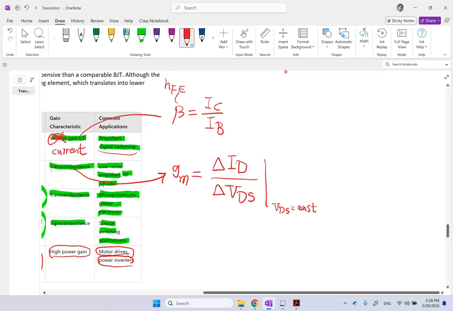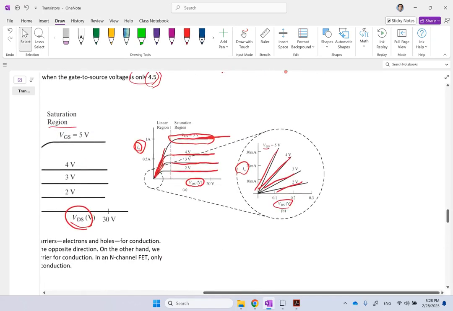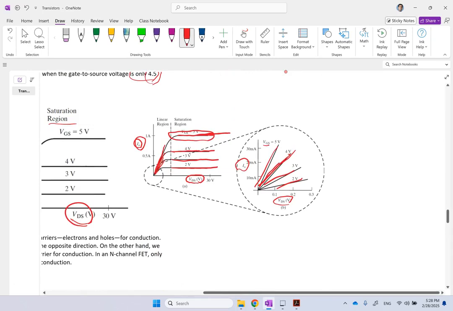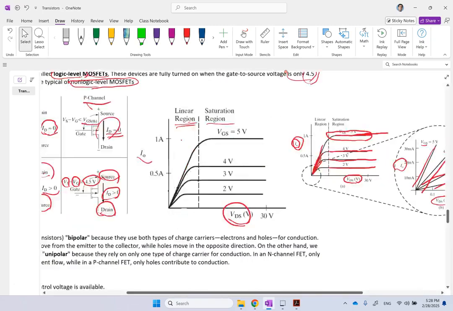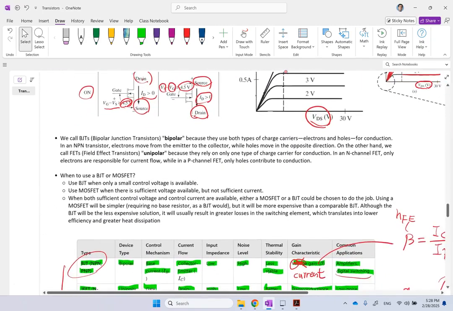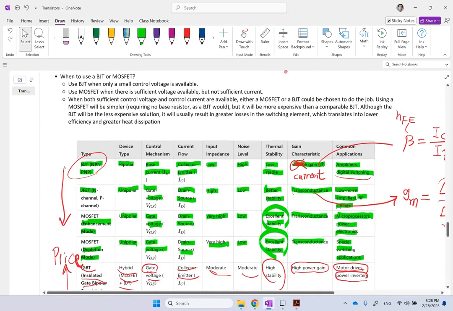And that is what we call transconductance. Okay. So for how much voltage you apply, how much change in current you are going to get. Again, that is the slope in this curve here. The slope of this line is, this slope is your GM, or we call it transconductance. Okay, so that is one thing I wanted to mention.